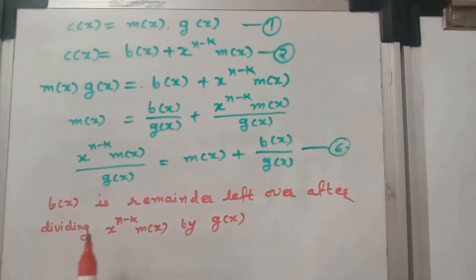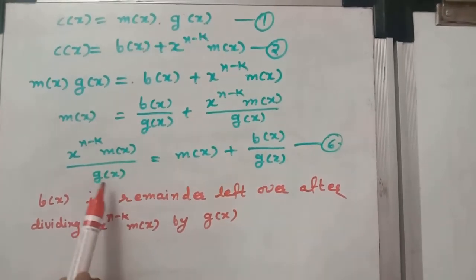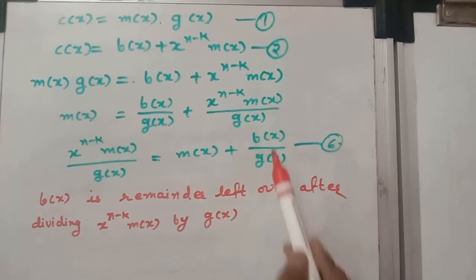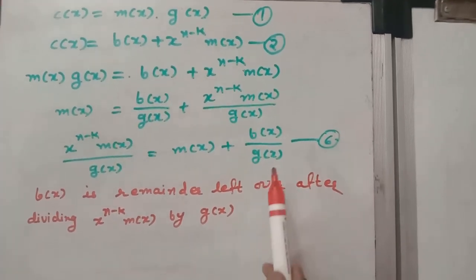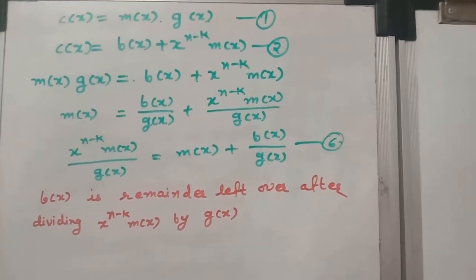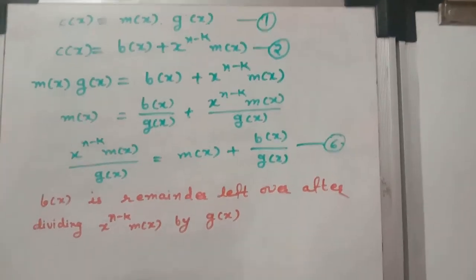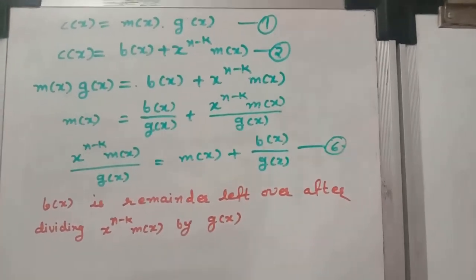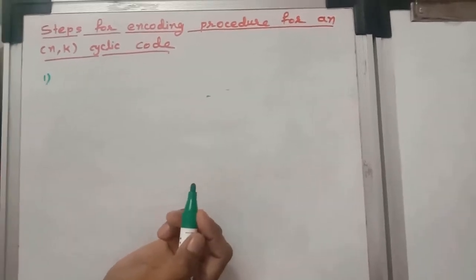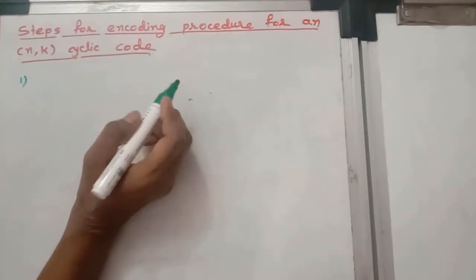If we divide x raised to power n minus k m of x by g of x, then b of x is the remainder left over. Now we can conclude the steps or procedure for n comma k cyclic coding. Now we can write the steps for the encoding procedure for n comma k cyclic code.